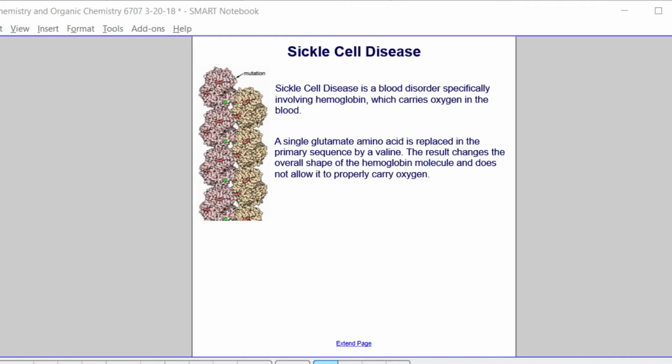Sickle cell disease is a blood disorder specifically involving hemoglobin, which carries oxygen in the blood. A single glutamate amino acid is replaced in the primary sequence by valine. So I have this one substitution. The result changes the overall shape of the hemoglobin molecule and does not allow it to properly carry oxygen.